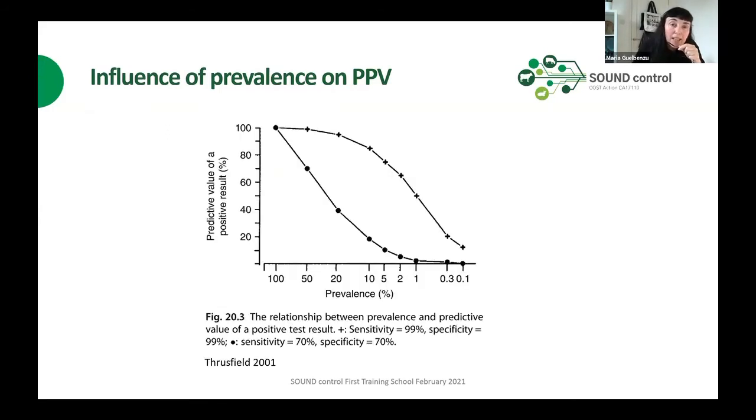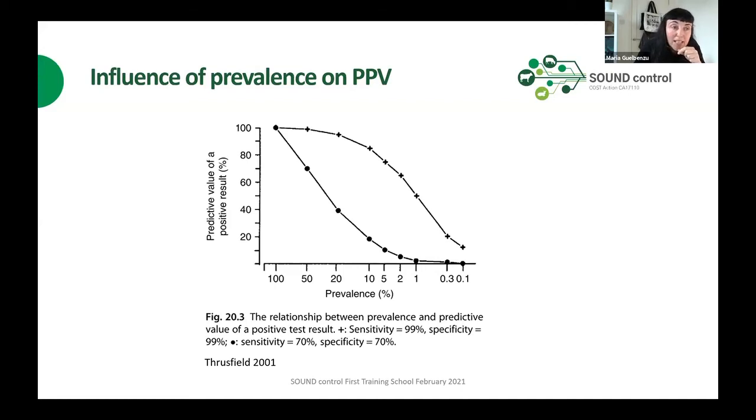In this graph, the x-axis shows the prevalence of the disease, from 100% to 0.1%, and the y-axis shows the predictive value of a positive result. We have two tests. The one with the dots has 70% sensitivity and 70% specificity, and the one with the crosses has 99% sensitivity and specificity.